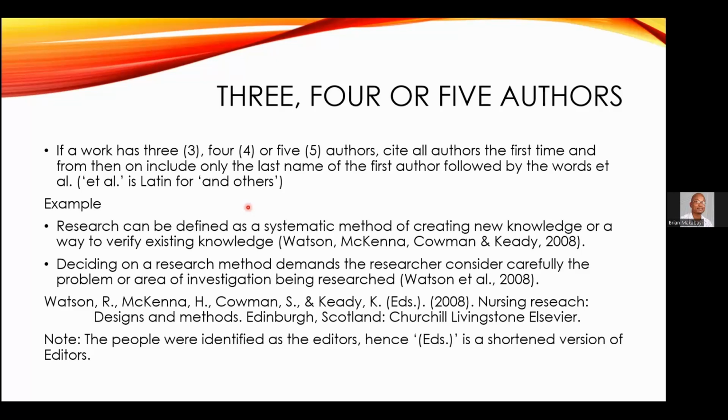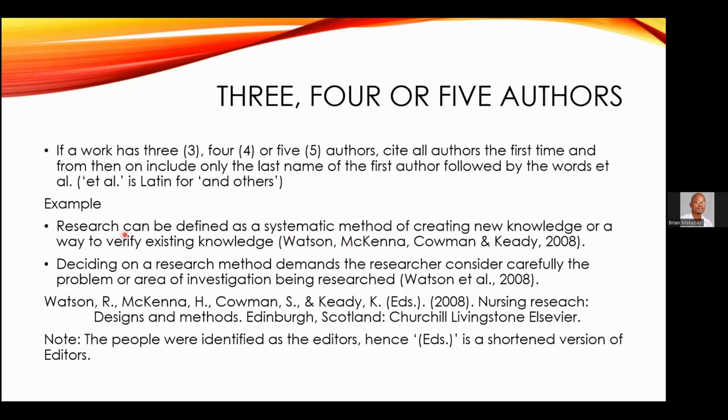Some other referencing types immediately start by using the first author and et al. But for APA, if there are 3, 4, or 5 authors, the first time they appear in the text you have to write all the authors, as you're going to see in the example just below.